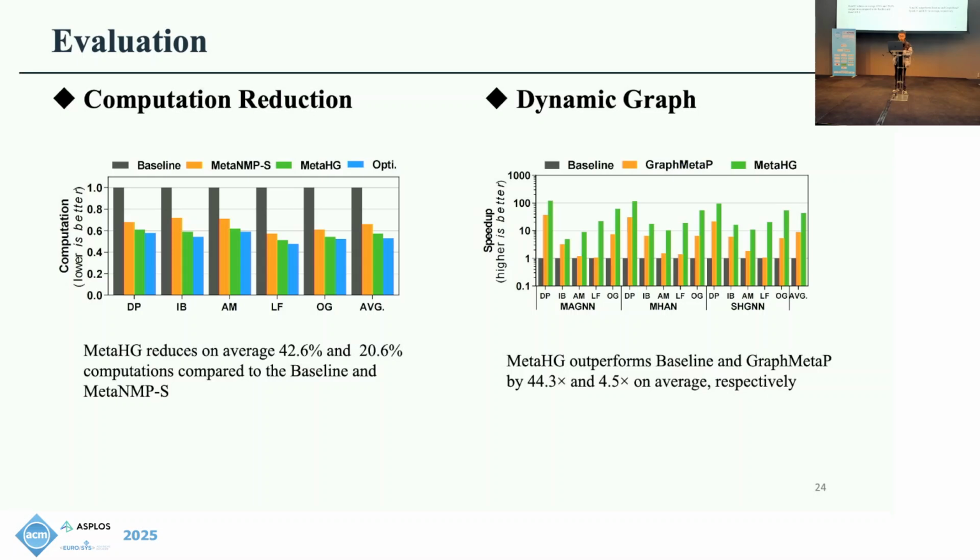We can reduce on average 42% and 20% computations compared to the baseline and MetaNFGS. We compared our system with the dynamic HGNN system and the baseline. We can achieve 44 times and 4.5 times average improvement.